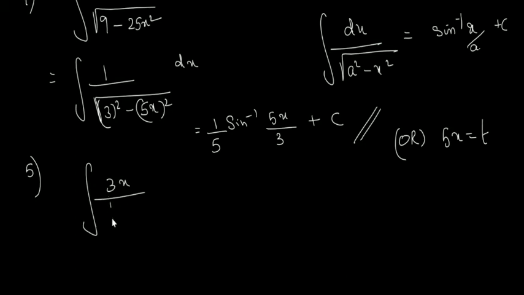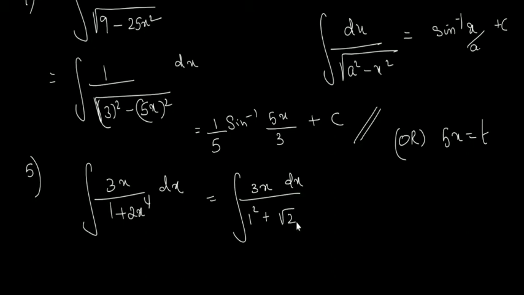Integrate 3x by 1 plus 2x power 4. There is one x here, so use substitution method. Okay, so first write this as a perfect square. The denominator, 3x dx by, the denominator is 1 square plus, you can write 2x power 4 as root 2 x square the whole square.